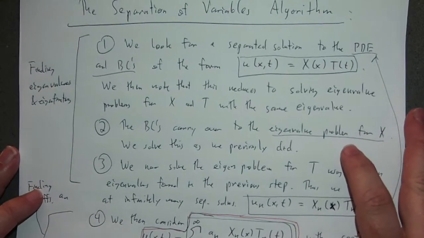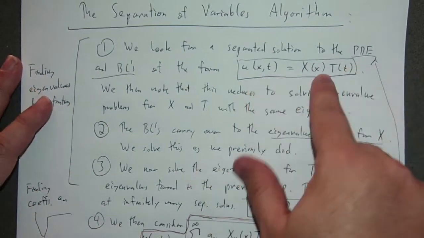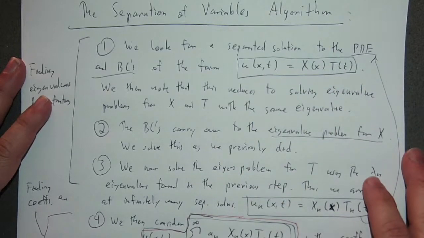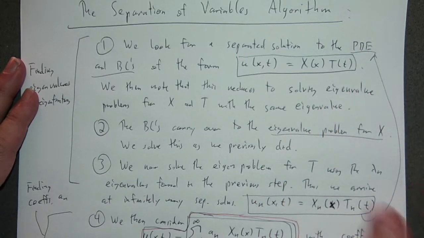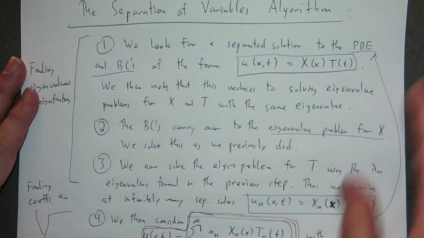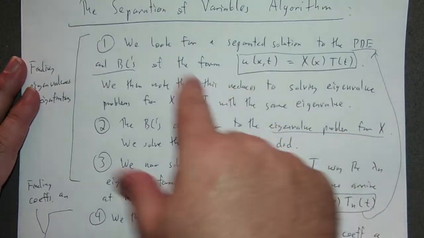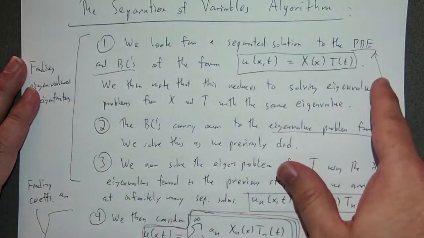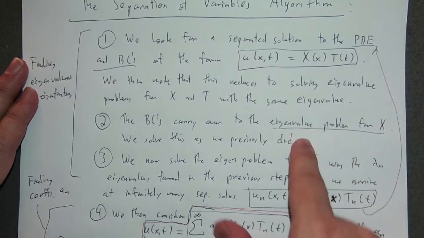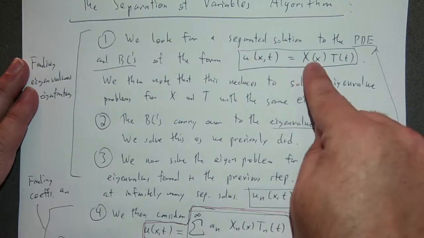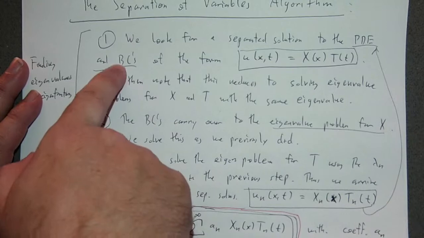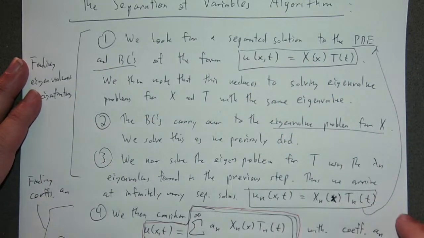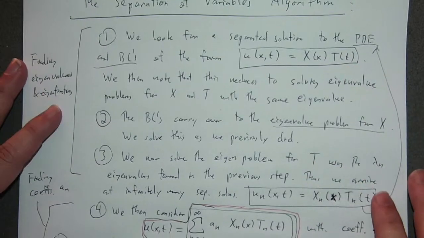Just plugging this into the PDE and doing a little bit of algebra, we're going to see how this reduces to solving eigenvalue problems. That's going to allow us to find X and T. The way that works is that the boundary conditions to the PDE descend to boundary conditions for the associated eigenvalue problem for X, for the spatial dimension, because these are boundary conditions, so of course these involve the x and not the t for a PDE that involves a time variable.